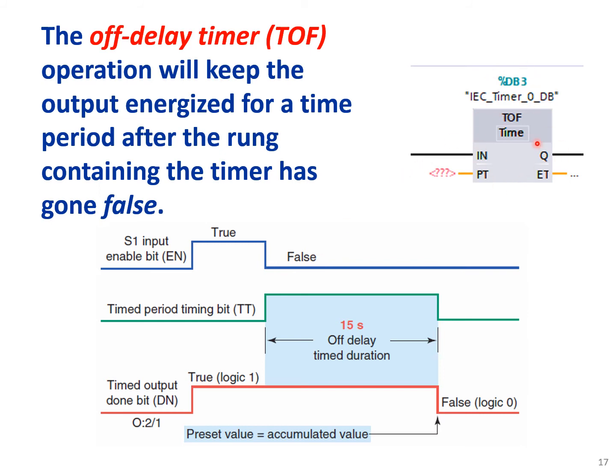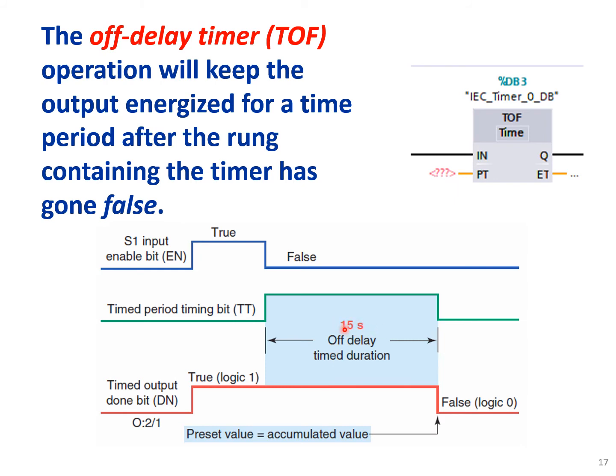Here for the TIA Portal programming environment, you see for the IEC timer, for the off delay type, IN is basically the signal, and PT is the preset time value.